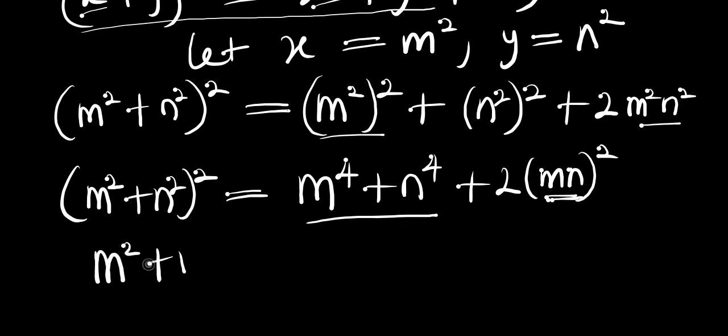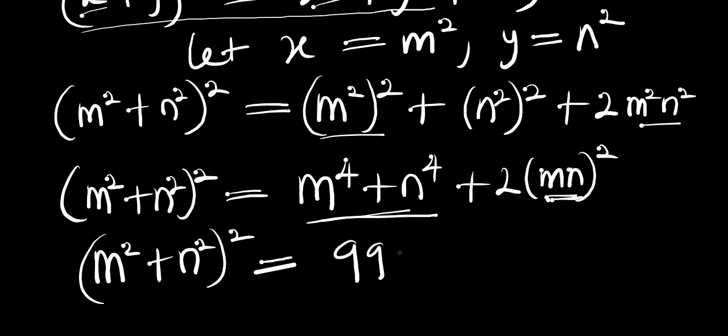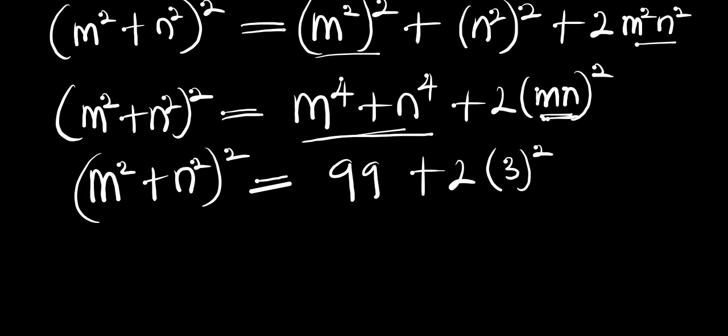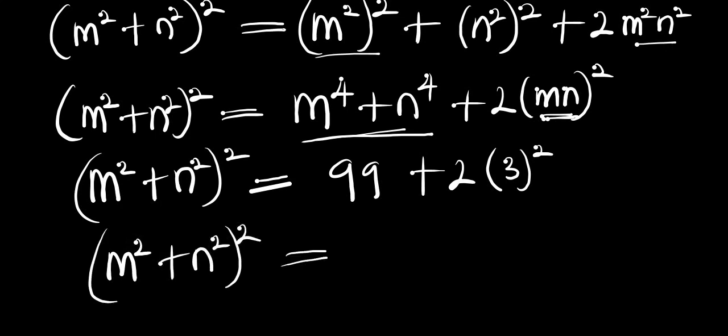We have (m power 2 plus n power 2) all power 2 equals 99 plus 2 into 3 power 2. 3 power 2 is 9, 9 times 2 is 18, and 18 plus 99 gives us 117.